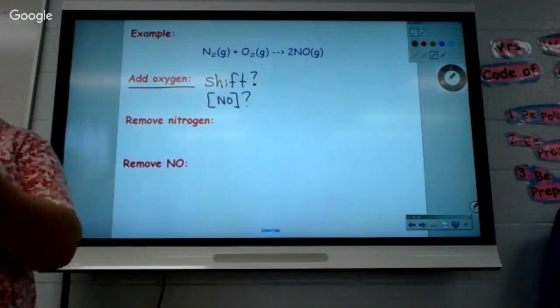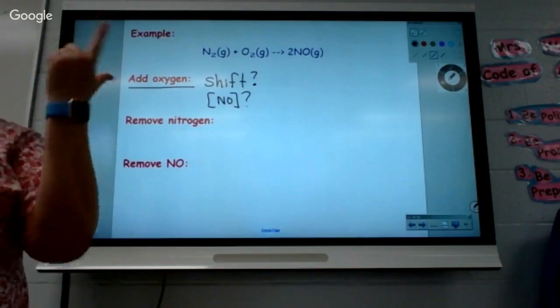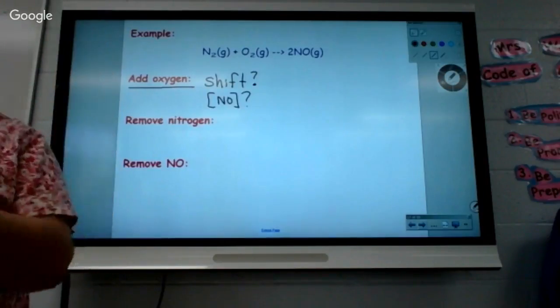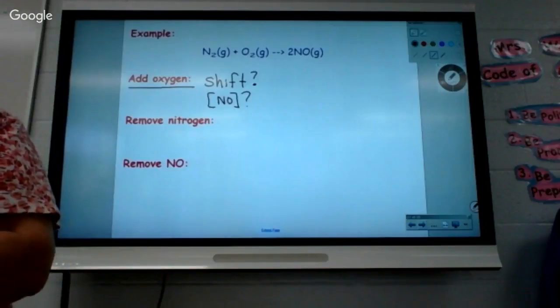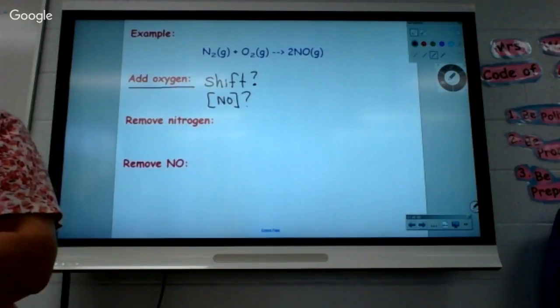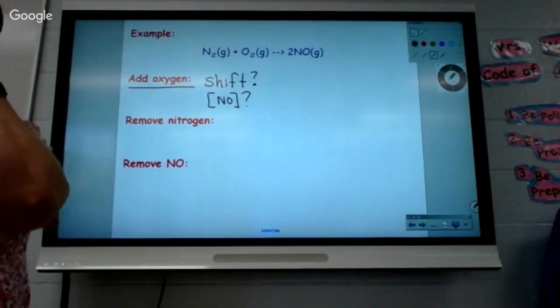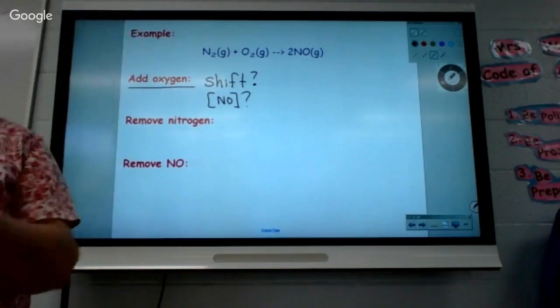I want to know what direction the reaction shifts, which will simply be right or left, or if it's right, what's another fancy word I can use instead of right? Forward. Correct. Forward or reverse. And I want to know what's going to happen to the concentration of NO, meaning is NO going to increase or decrease?